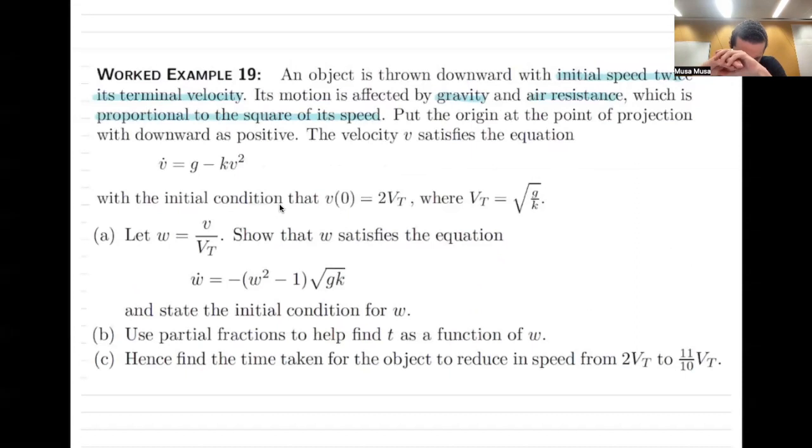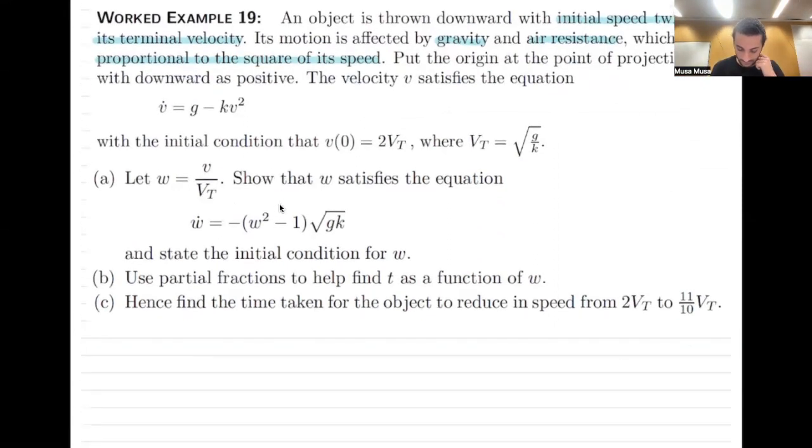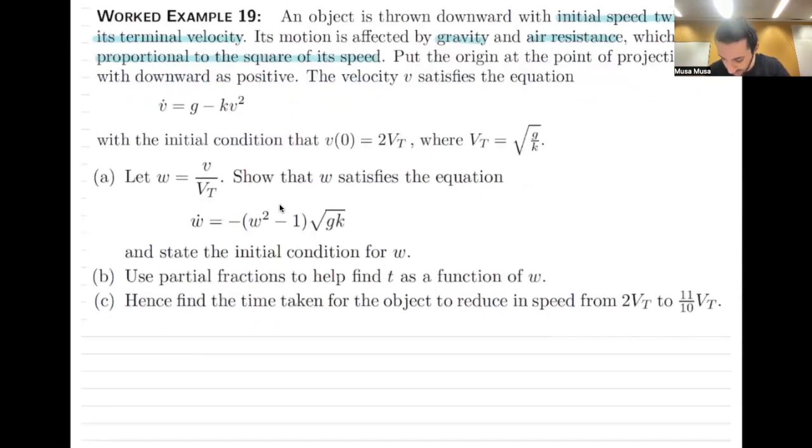Let a equal, oh, a says let omega, or w, equal v on that thingy. Okay, so I guess it's asking let this new w variable be the proportion of the terminal velocity that the velocity is. Okay. So let's figure this out.